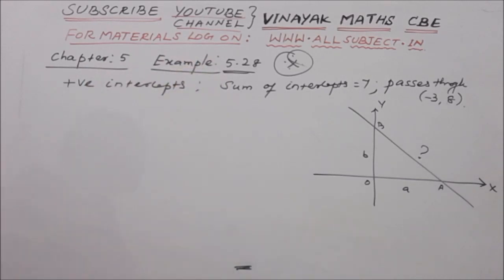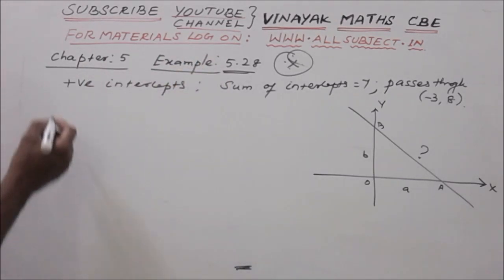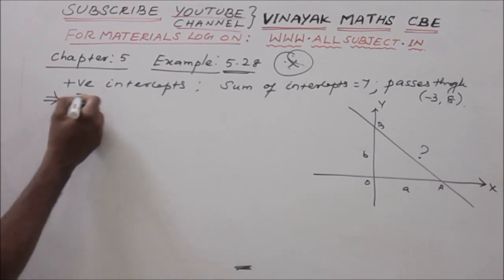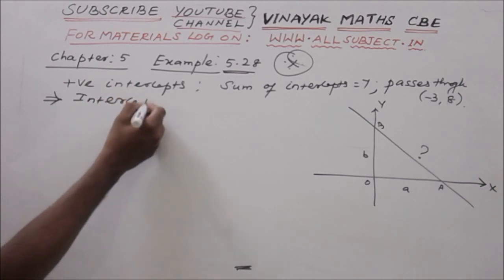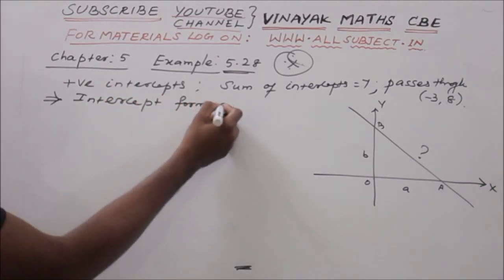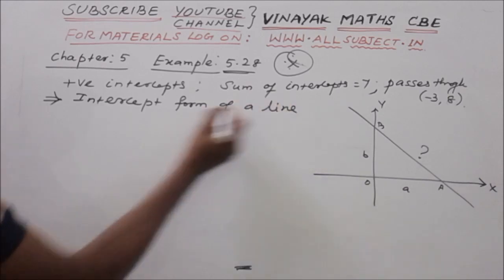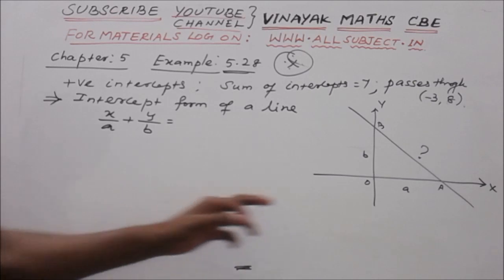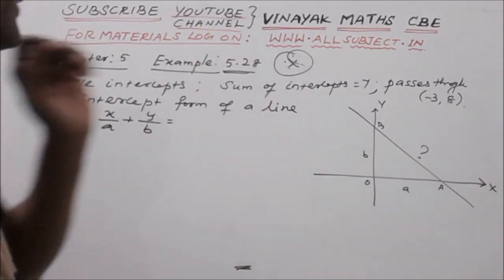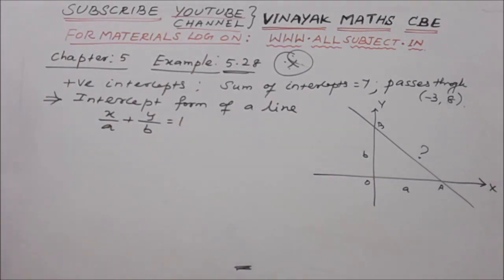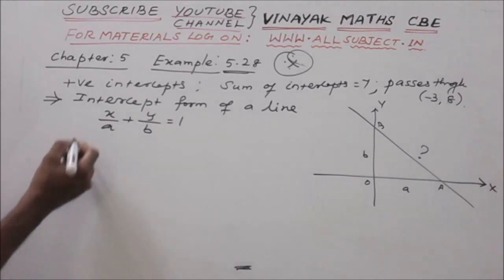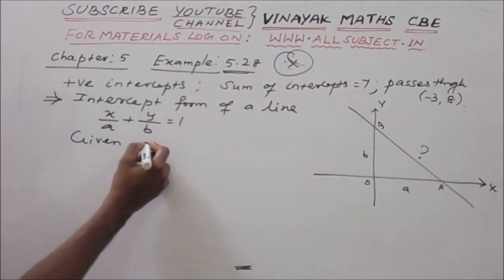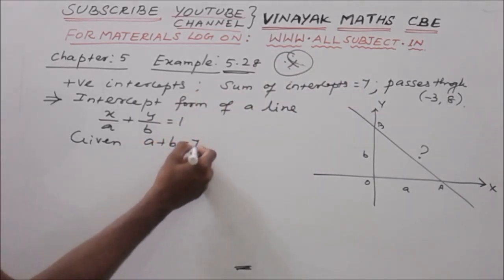Given the intercepts, first you write the formula for the intercept form of a line. The intercept form of a line is x by a plus y by b equal to 1, where a and b are the x and y intercepts. Given that the sum of intercepts is 7, that is a plus b equal to 7.